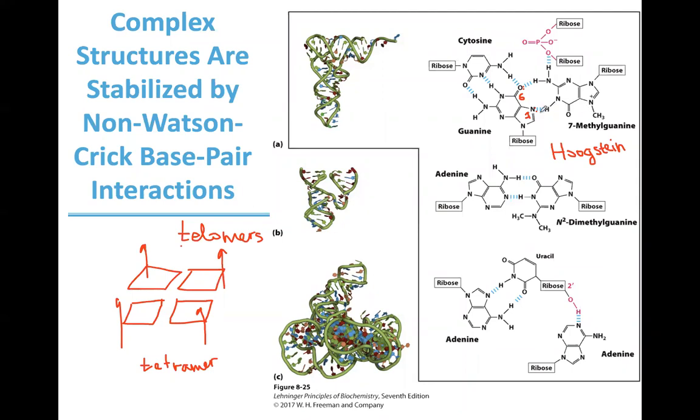Yeah, so it's N7. So this is a hydrogen bond donor. Wherever you see it involved in hydrogen bonding, that's a sign that it's a Hoogsteen type base pairing. Okay. And you see it's on the side. Usually Hoogsteen is an addition to the canonical base pairing, Watson-Crick. So this is known as Watson-Crick base pairing, and this is Hoogsteen base pairing. Okay, perfect. Thank you.